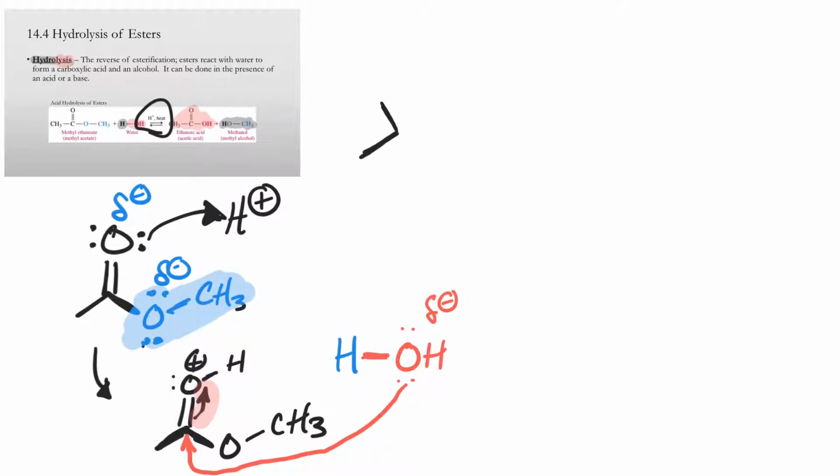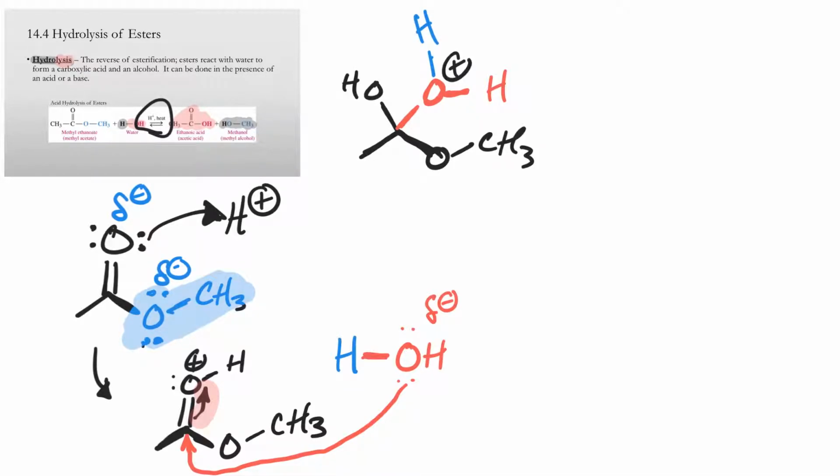And so we get, as a result of this, an OH, we get your OCH3. Here's the oxygen from the water that is attacked. And you get that. Now you have a positive charge on the oxygen that came from the water.